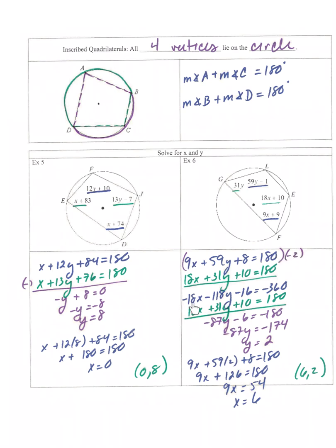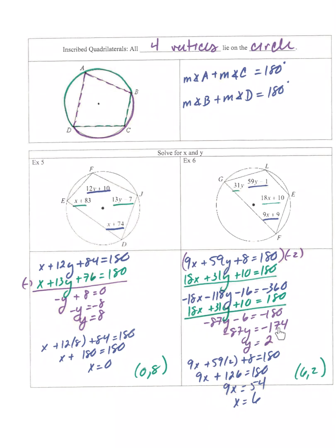That way I get a negative 18x and a positive 18x. So the first equation becomes negative 18x minus 118y minus 16 equals negative 360. Now when I add these 2 equations together, the 18x's cancel out.